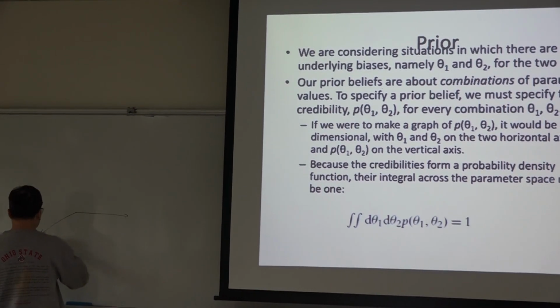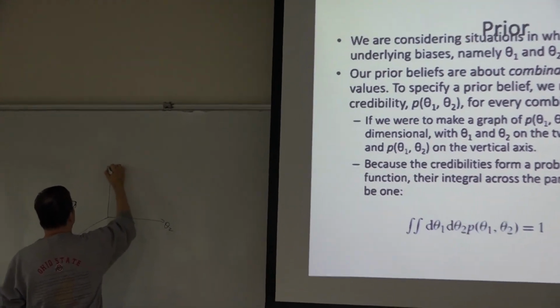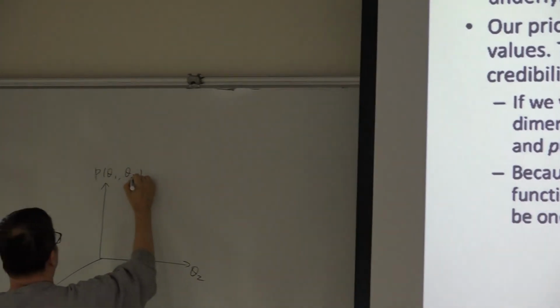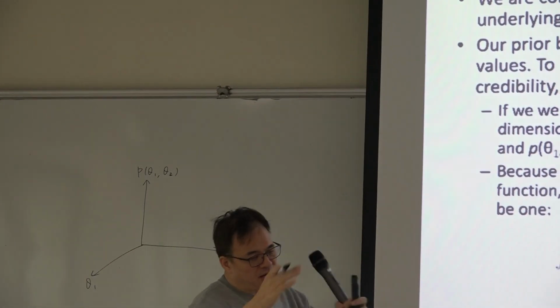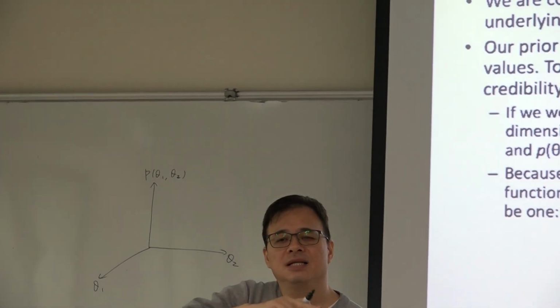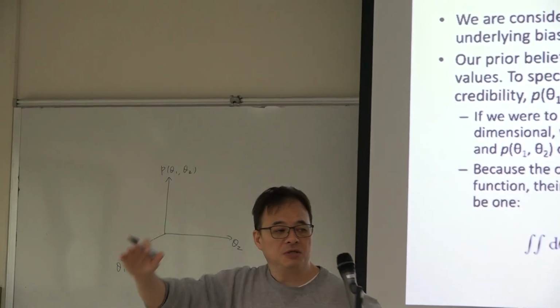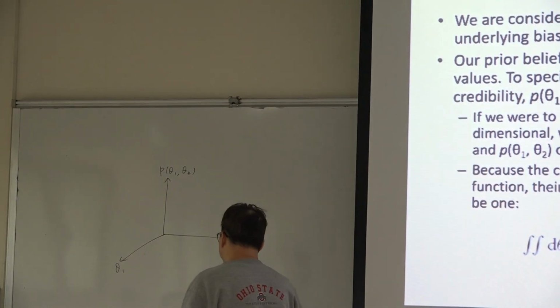You have theta 1 here, you have theta 2 here, and this is the probability of theta 1, theta 2. So it's going to be 3-dimensional. It's not a line, it's going to be a surface, and it's going to be 3-dimensional, obviously.